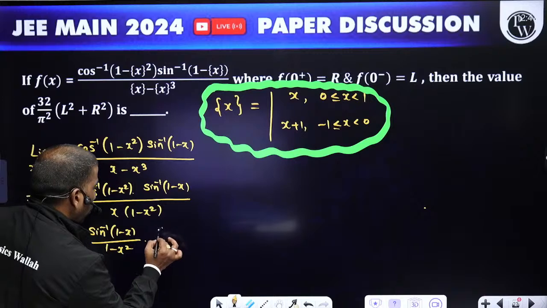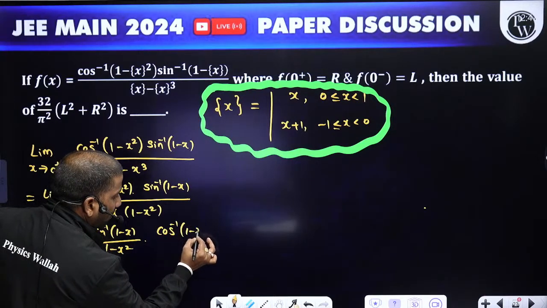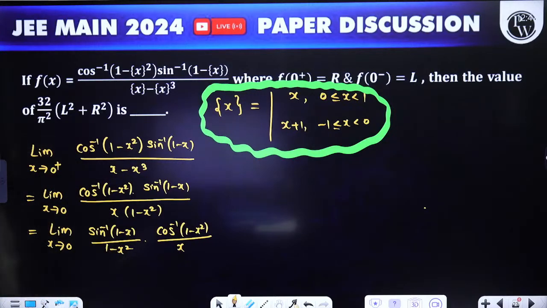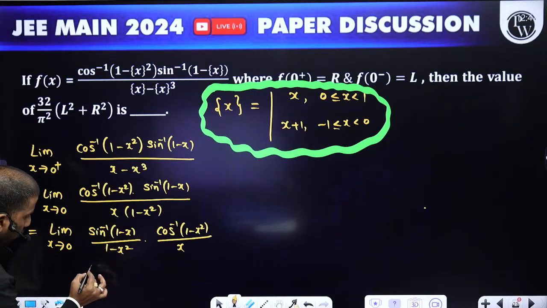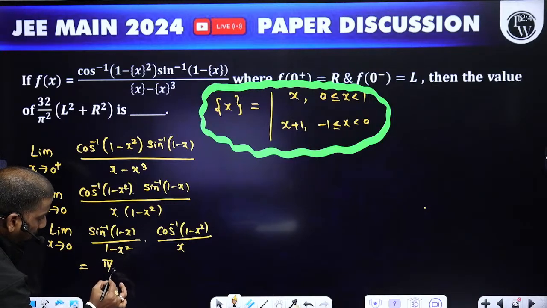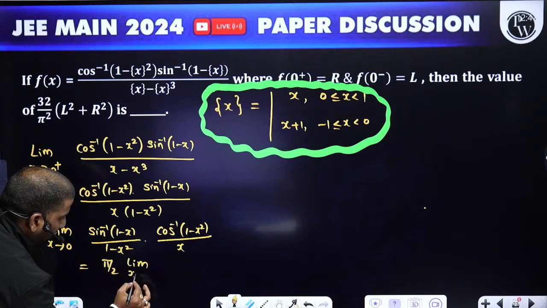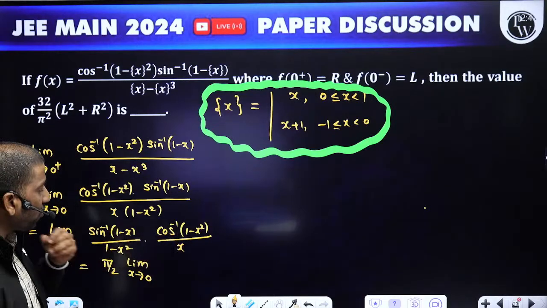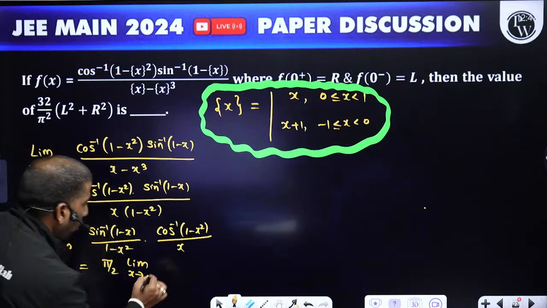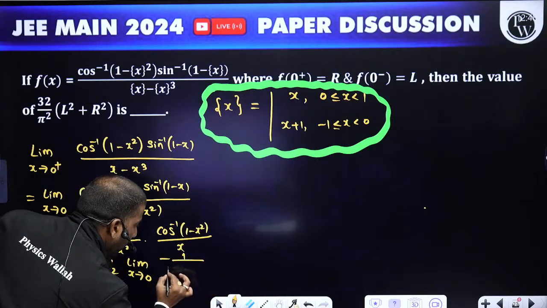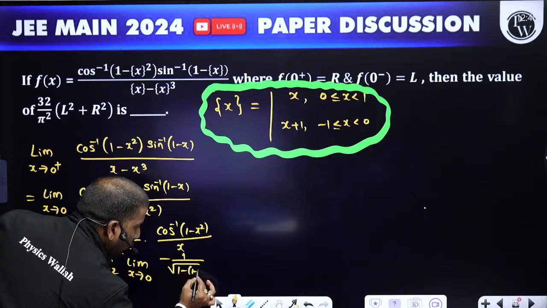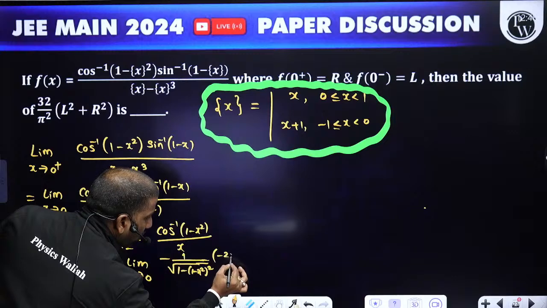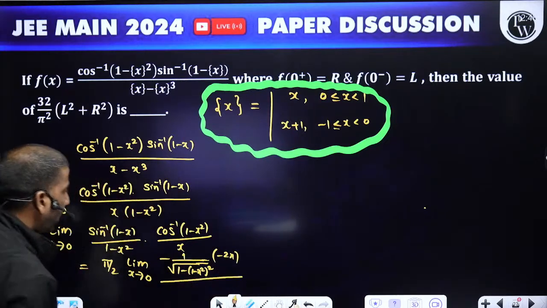Right? So here cos inverse of 1 minus x square by x. This is what we need to evaluate. The sin inverse part will become pi by 2. Now I am applying limit x is tending to 0 L'Hopital because cos inverse of 1 is 0, 0 by 0. Minus 1 by under root 1 minus x square whole square into derivative of 1 minus x square, minus 2x, divided by 1.